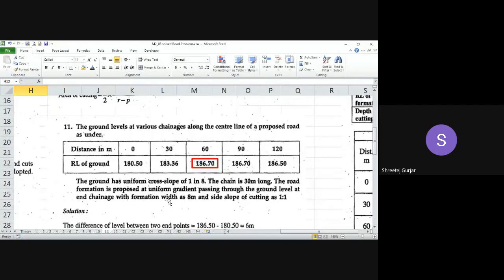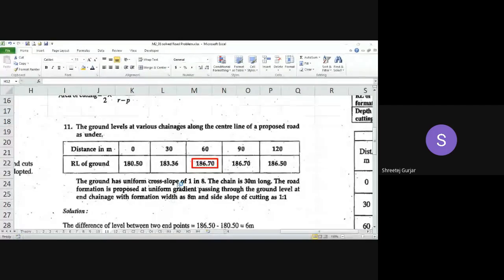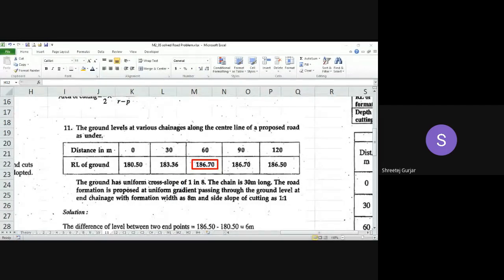Let me try to explain this using Paint, what we mean by that exactly. Let me draw your ground level first. Consider this as a ground level, in this format. Now I'll draw your formation level, starting from here going up to here.